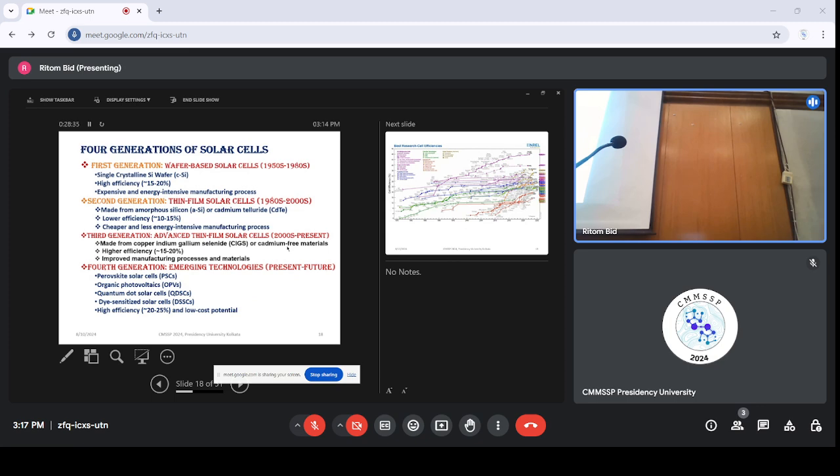Another part is that when you make a junction, at the interface, at the depletion region, the electron-hole pairs are created. They have to travel less physical distance to get to the outer circuit. So the probability of recombination gets less. That is how the efficiency is somehow increased. That is the idea.